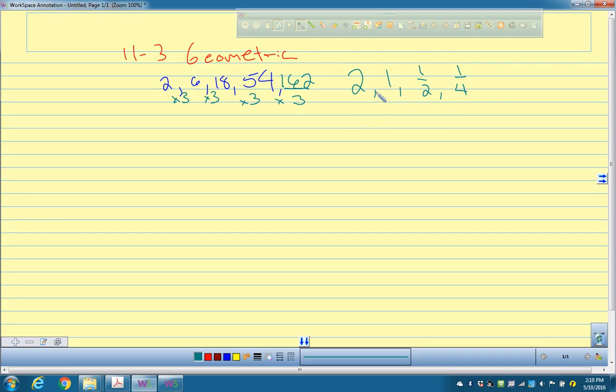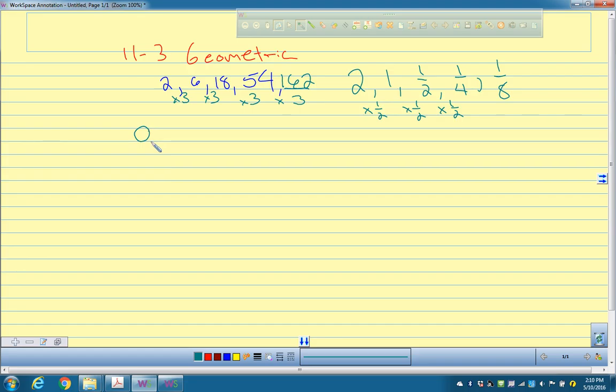Times 1/2, times 1/2, times 1/2. What would be the next term? 1/8. So a geometric sequence is one in which you're multiplying by something each time.